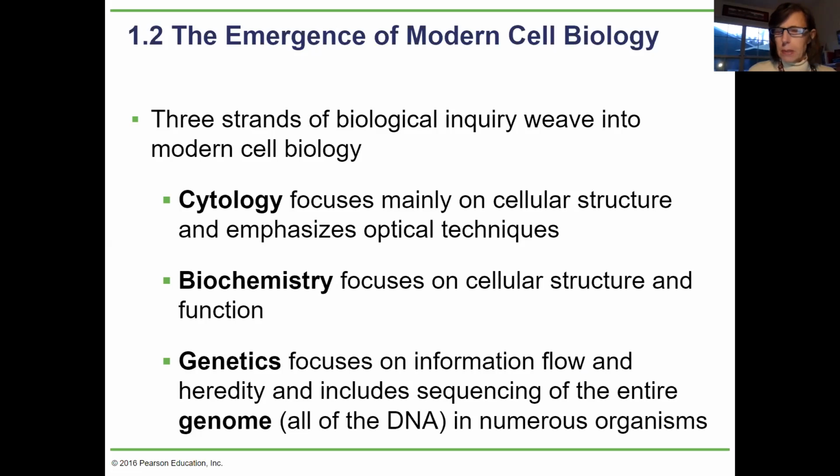Okay, so modern cell biology has emerged by these different disciplines being interwoven. And cytological aspects of science are better understood now because we have discovered things in biochemistry, and biochemistry is a more robust field because of information from genetics, for example.